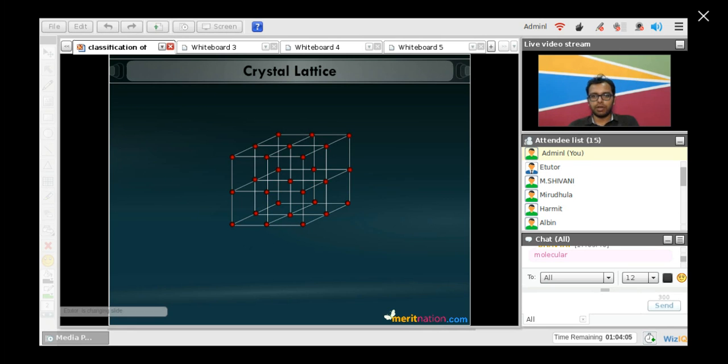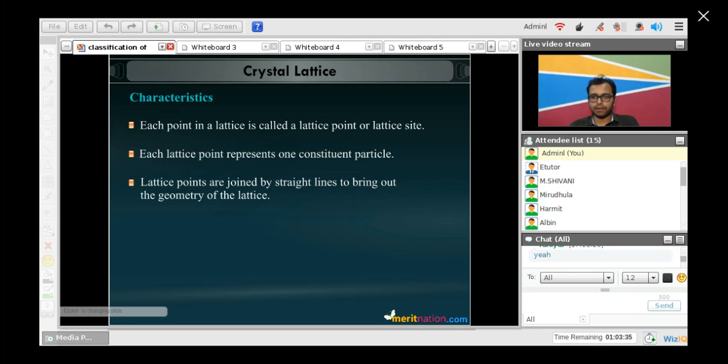Every point represented here is a lattice point, and the dot is representing a particular molecule, or you can say particle. So this is called a crystal lattice. Is the lattice clear to everyone? Every lattice point corresponds to a particle inside the solid.